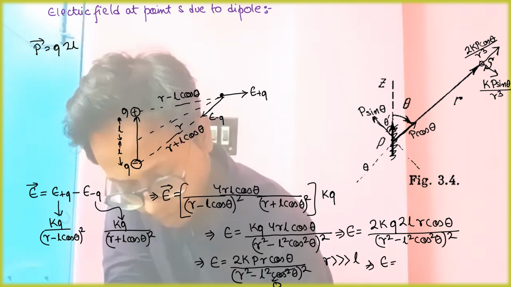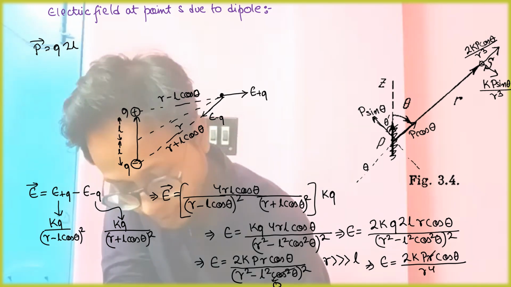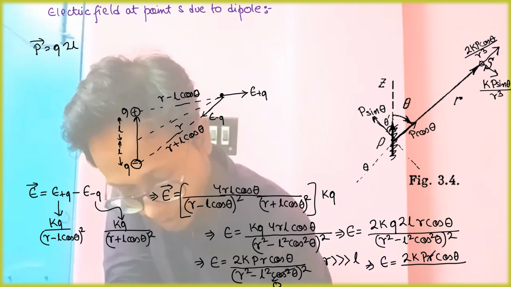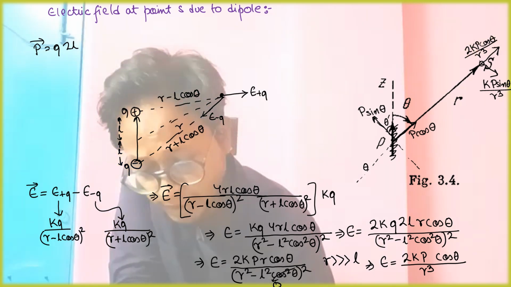Or E is equal to 2k p r cos theta divided by r square whole square, or r to the power 4. Now this r and this r would get cancelled to become cube. So this is nothing but r by r cube. Now check. Is this formula 2kp cos theta by r cube and this formula the same thing?